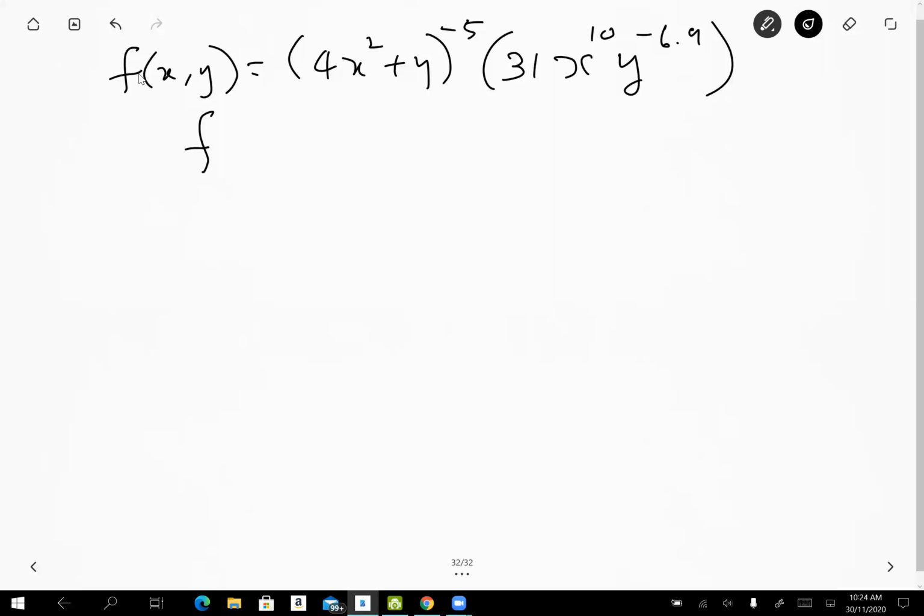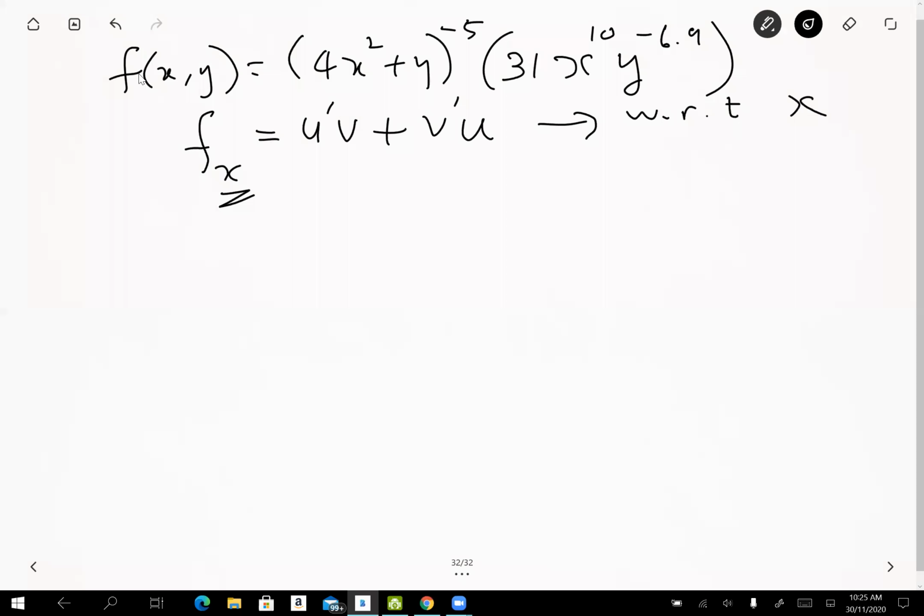So that rule applies. If you want to find fx, you have to take u prime v plus v prime u. Now all this prime, all the derivatives, of course, must be with respect to x, because you have the x there.